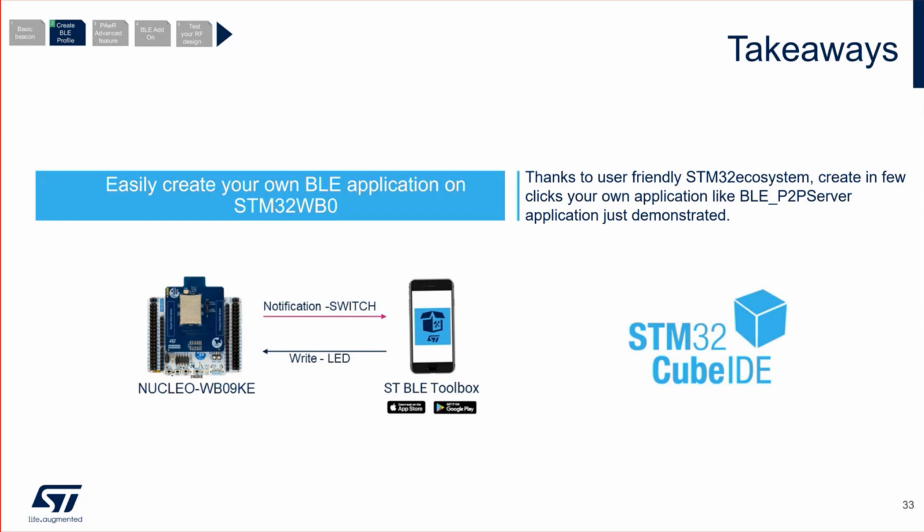You have access to all settings in a graphical manner, with a user-friendly look and feel. So I invite you to redo this, because it reflects what you will do as a customer. This is a typical journey starting from scratch to build your own BLE application. So thank you. This is the end of this second demo.